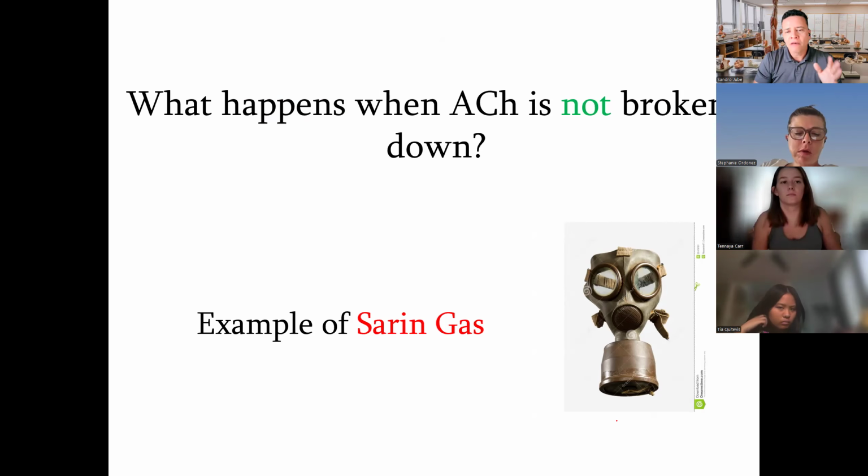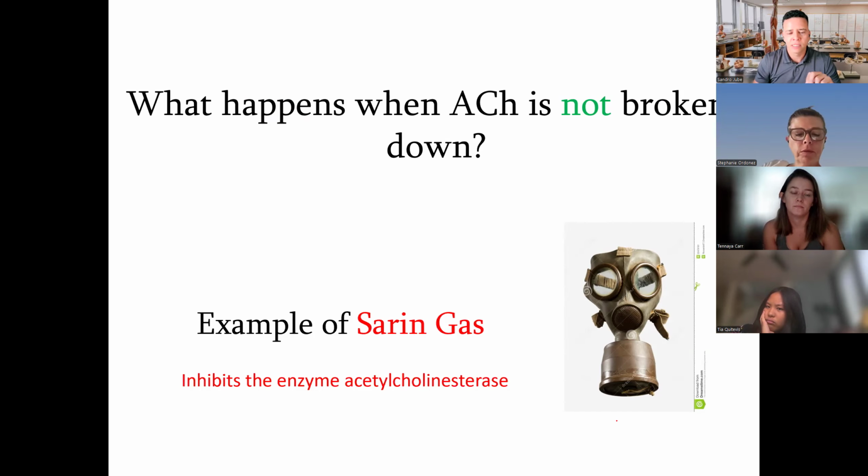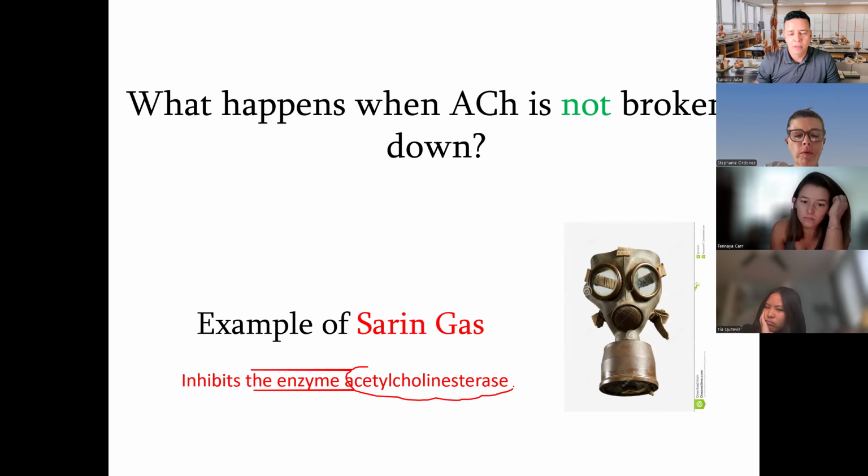But then, right after the acetylcholine goes into the synapse, it is going to be removed from the synapse by an enzyme called acetylcholine esterase. So what is acetylcholine esterase? Acetylcholine esterase is the enzyme that removes acetylcholine from the synapse, allowing the muscle cell to relax.